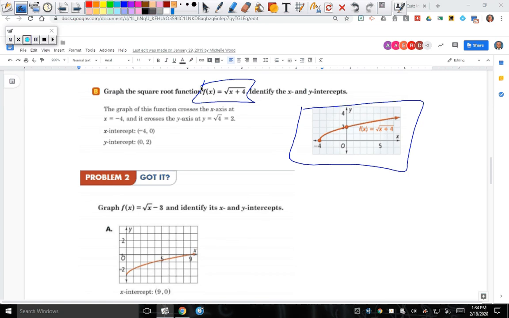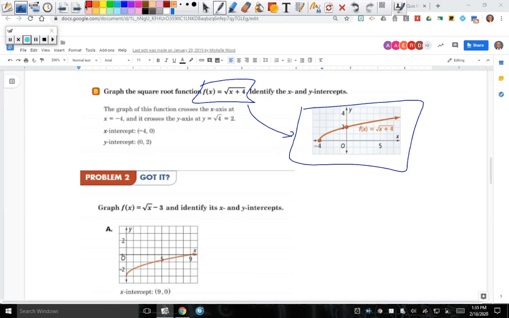What would you say to give me the domain? You know it starts at -4, right? And you guys are already thinking the graph. You're not graphing it, but you're thinking it. And I know you're thinking it because that's the way I was showing you how to look at stuff. Transformations would be 4 to the left, but you got to know what the parent looks like. Okay? So 4 to the left.